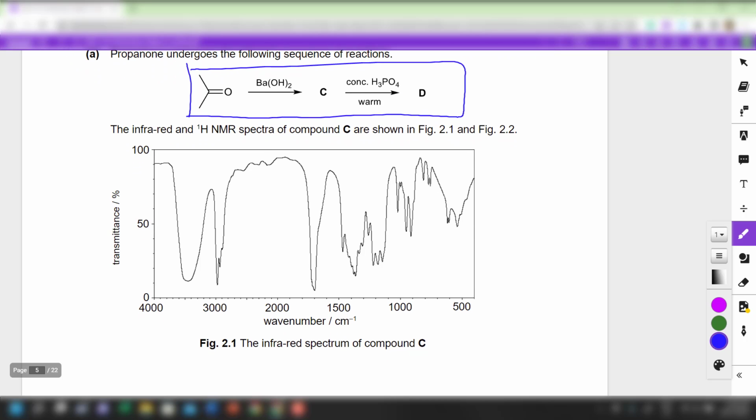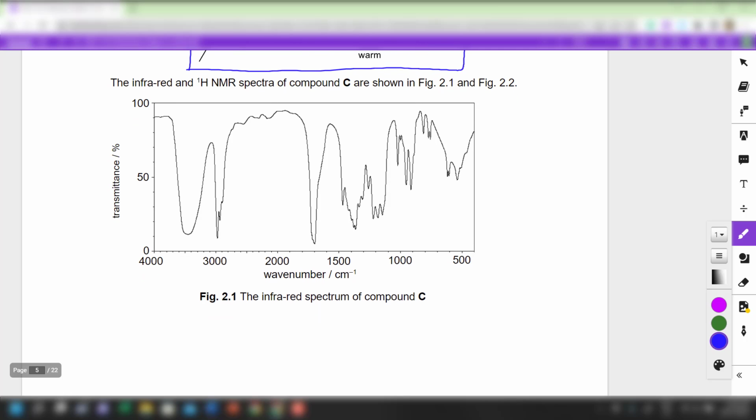So you were told that the infrared and 1H NMR spectra of compound C are shown in figure 2.1 and figure 2.2. If you take a look at figure 2.1, what is very obvious is over here, the very strong and broad OH stretch, and this is typical in alcohols. If you are looking at this portion, it is actually quite common, the sp3 C-H stretch.